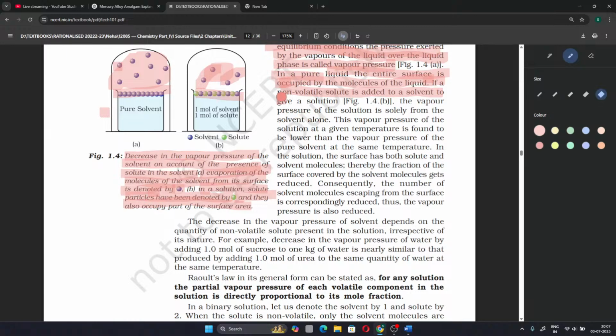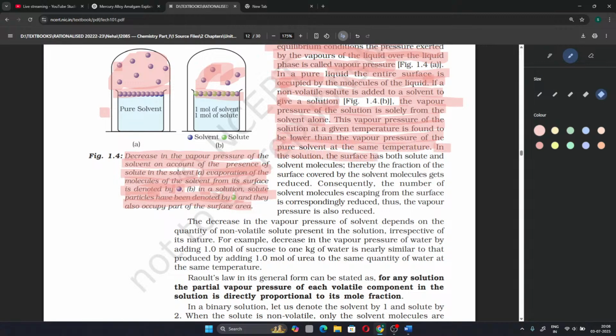But if the solute is non-volatile and is added to a solvent, the vapor pressure of the solution is solely from the solvent alone, because the non-volatile solute does not get converted to vapor and does not contribute to the vapor pressure. This vapor pressure of the solution at a given temperature is found to be lower than the vapor pressure of the pure solvent at the same temperature.